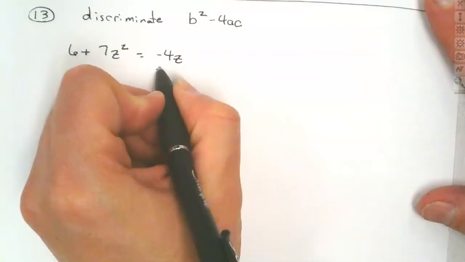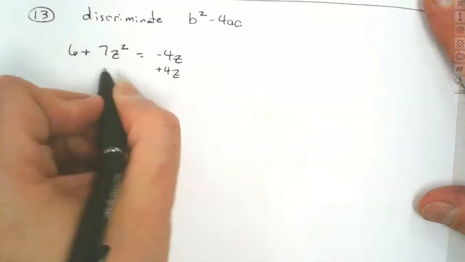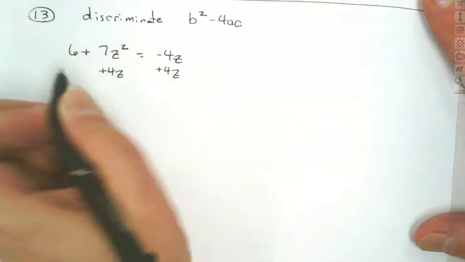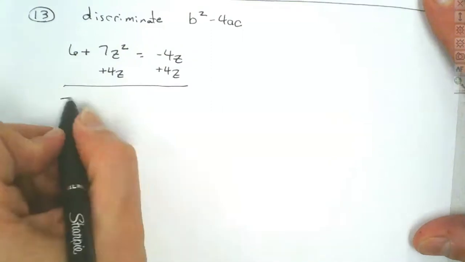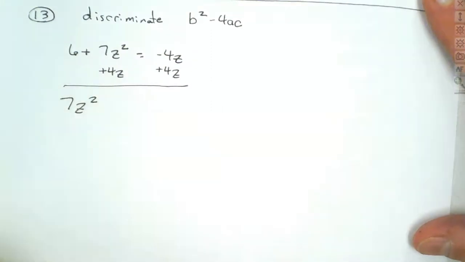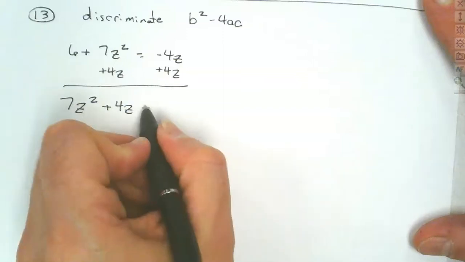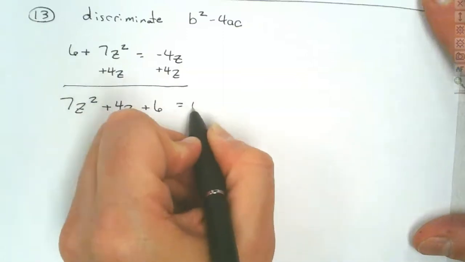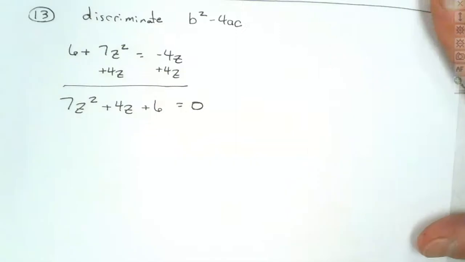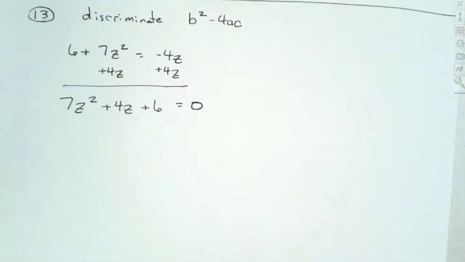So I'm going to go ahead and move that 4z over, and I'm going to make sure that it's in the correct order. So that's 7z squared, and then we have a 4z plus 6, and that equals now 0. So it is ready for the quadratic formula.